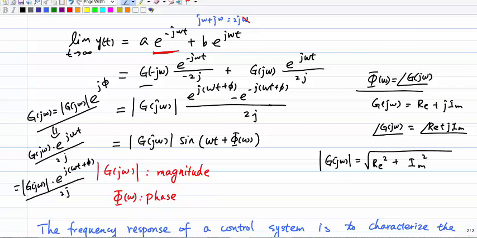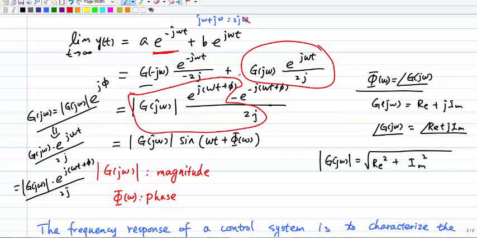That's the first. This portion will be equivalent.